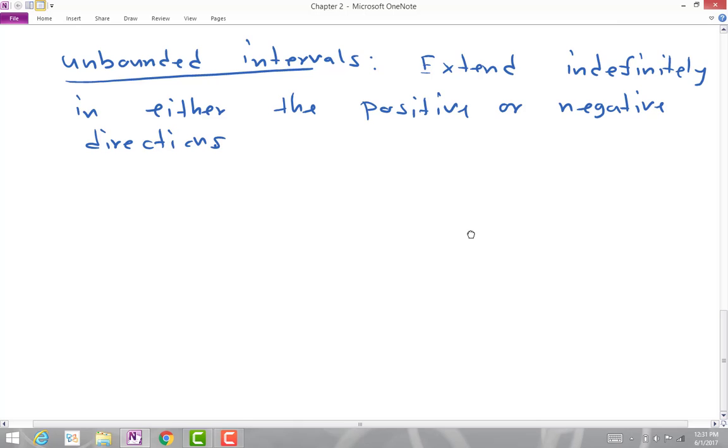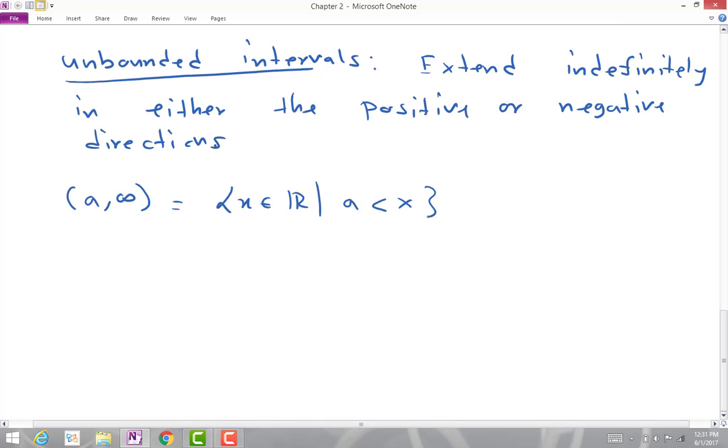Some examples you can think about: the unbounded interval (a, infinity). In this case, I can write it using set notation: all the x that belong to the real numbers such that x is greater than a.